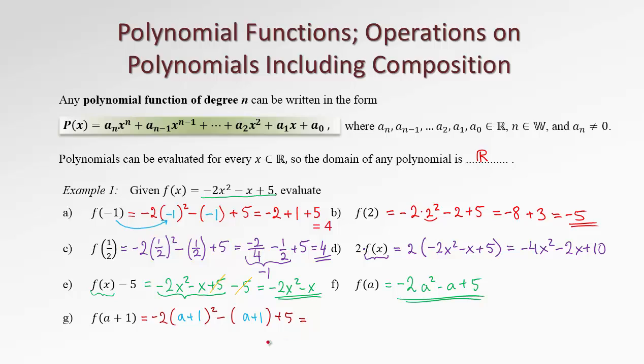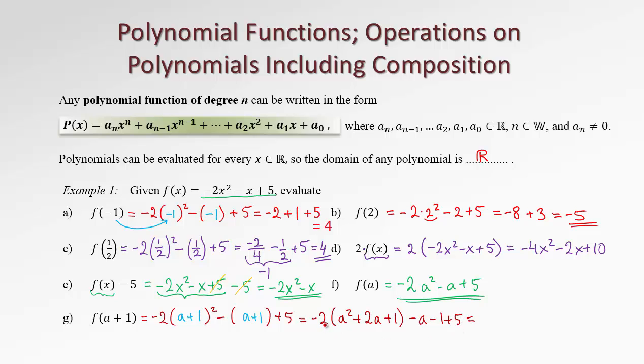So what's left to do is simplify this expression. So let's copy the -2, then square this binomial. Remember the formula, perfect square of two terms is the first term squared plus double the product of the two terms, so it's 2a, and then plus last term squared. Complete the bracket. Now we open that second bracket, it will become -a, -1, and copy the 5. Okay, one more step.